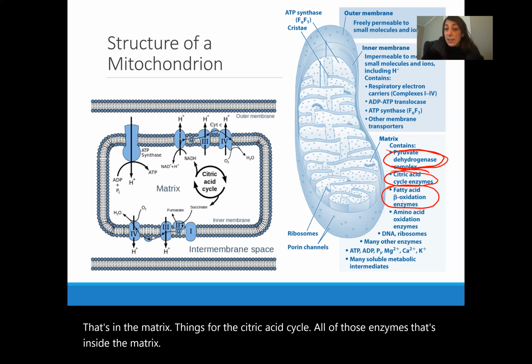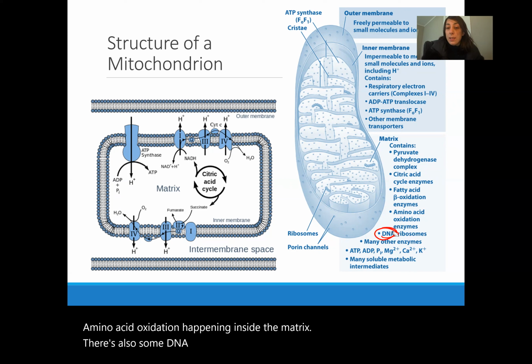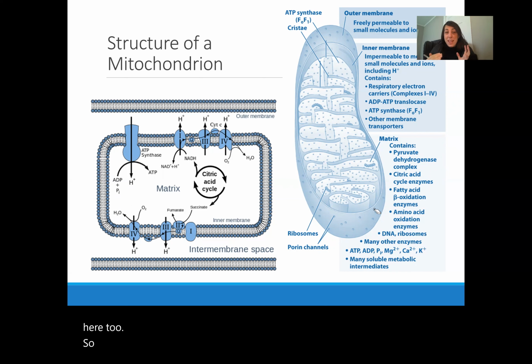Fatty acid beta oxidation enzymes, so breakdown of fatty acid, that's happening inside the matrix. Amino acid oxidation happening inside the matrix. There's also some DNA. Mitochondria has its own DNA, which we will talk about later in this semester. Ribosomes, and there are many other enzymes that live here too. So the inner matrix is where most of the action is actually occurring.